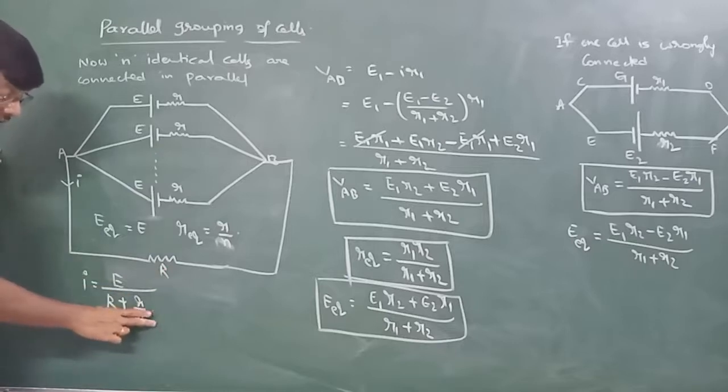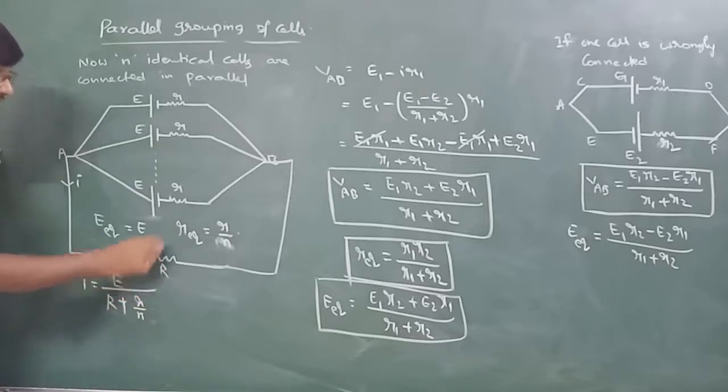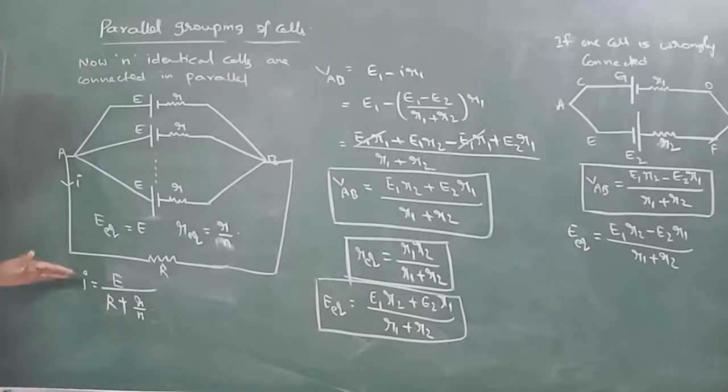Therefore, effective resistance of circuit is R plus r by n. This is current in parallel grouping.